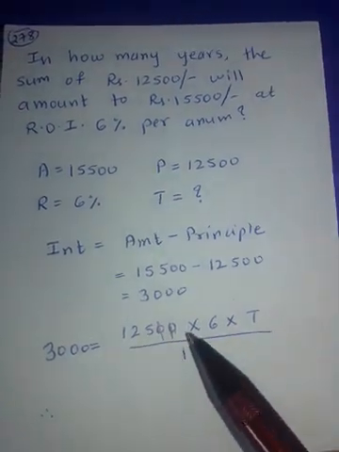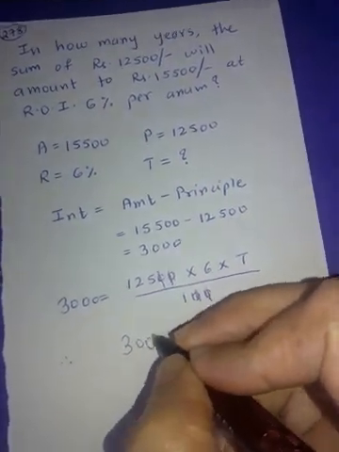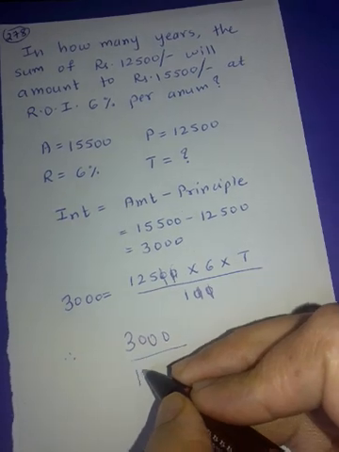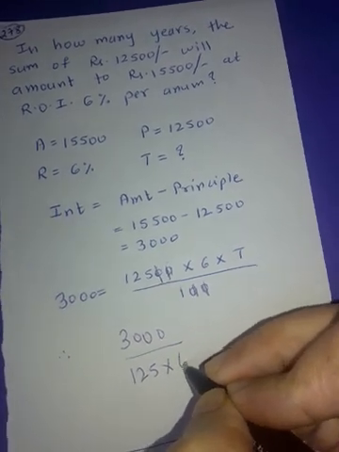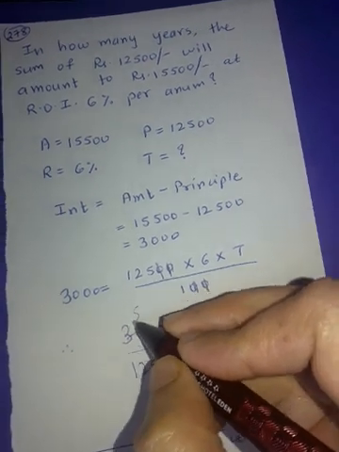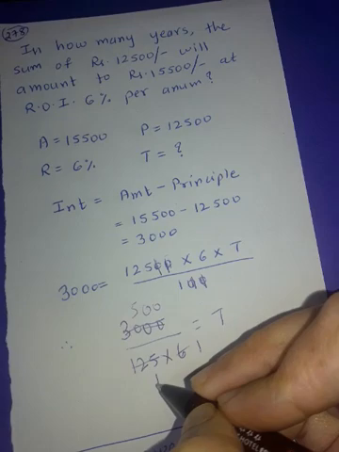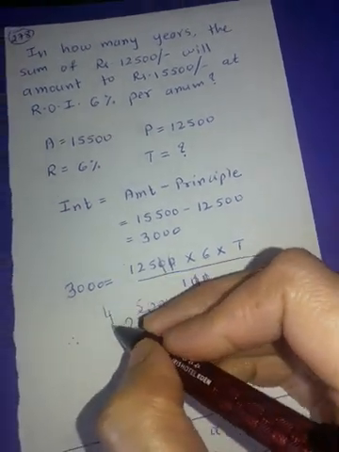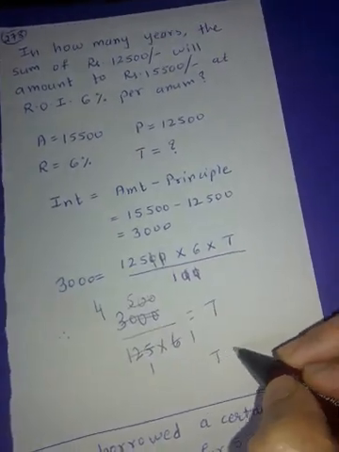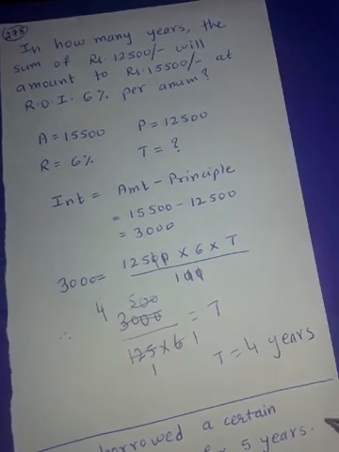So now this 125 into 6 will come to the denominator, 3,000 here, and this will go to the denominator. 6 ones are 6, 5 sixes are 30, and then 0 0. 125 and 500, so the answer is 4. T is equal to 4 years. Very easy.